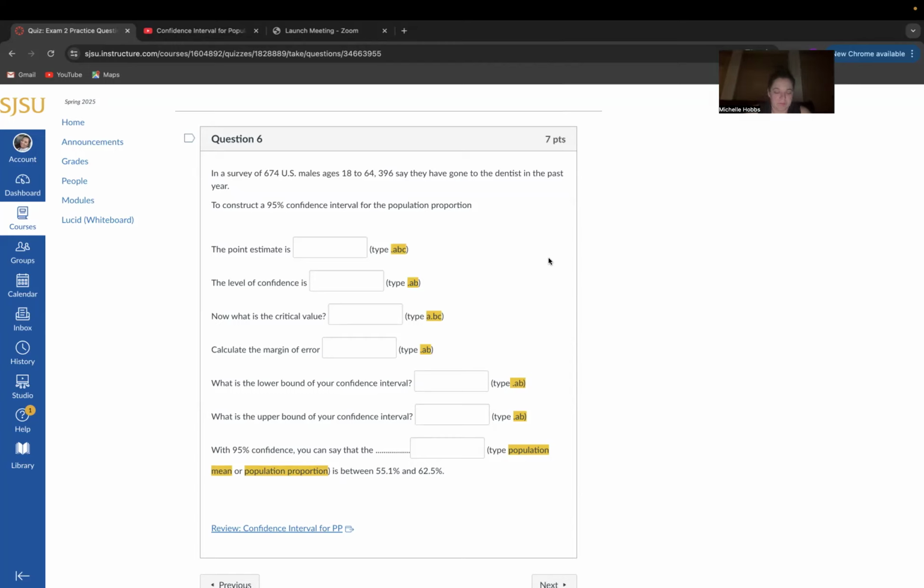So the sample size is 674, and the number of males who went to the dentist is the success, 396. So you're going to do 396 over 674, which is about 0.58, 7, blah, blah, blah.